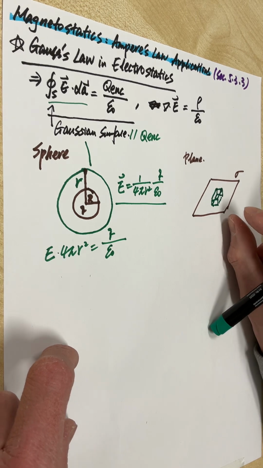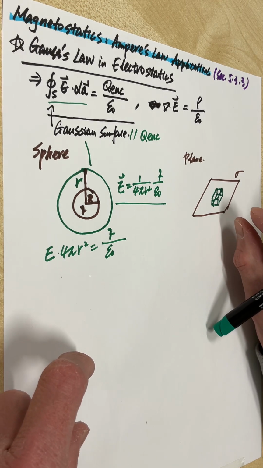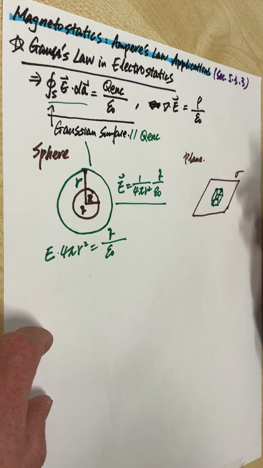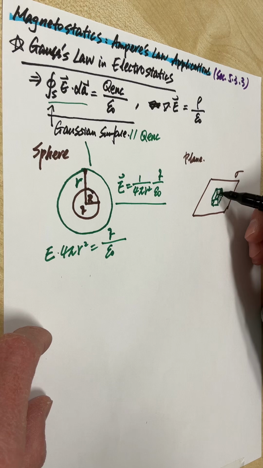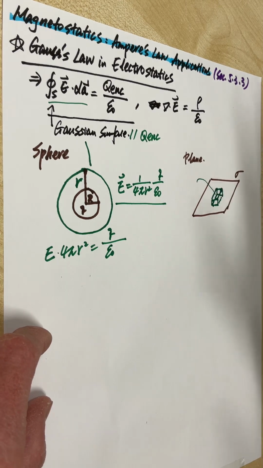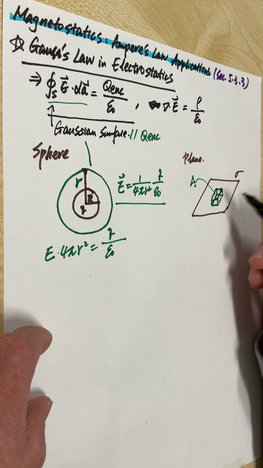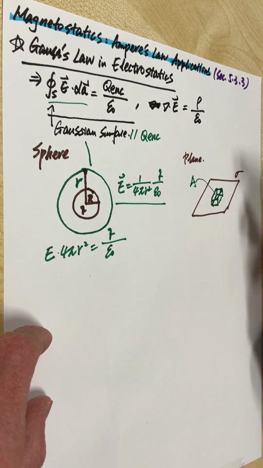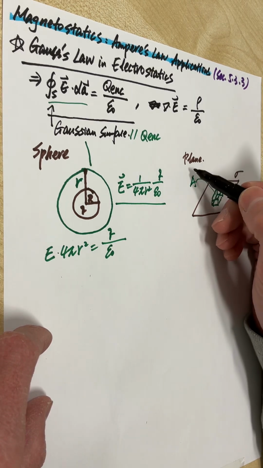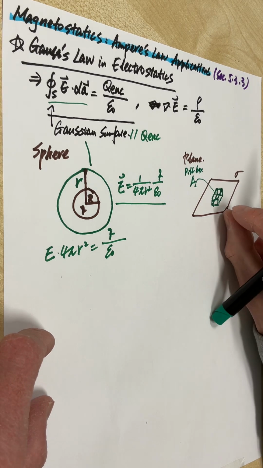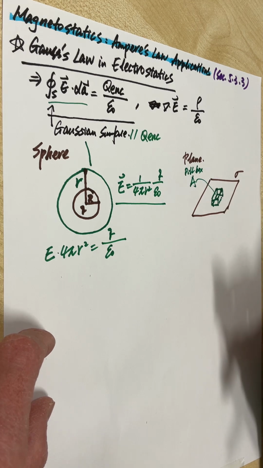We assume the thickness is infinitesimally small. In this way, the meaningful area is the area above the plane. We have A, and then we have another A below the plane for the pillbox. So this is a pillbox. The thickness is infinitesimally small.